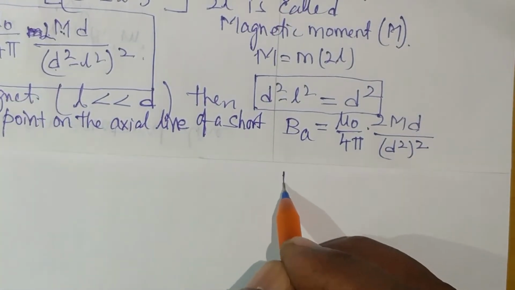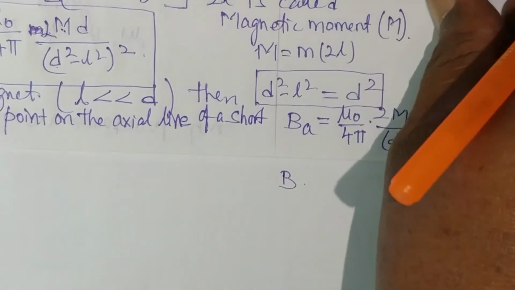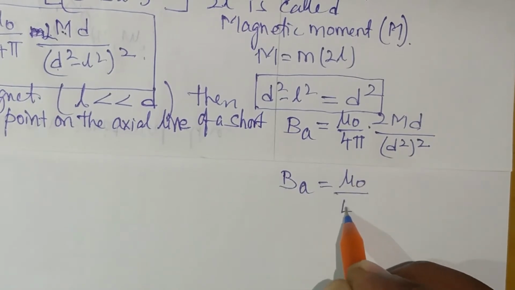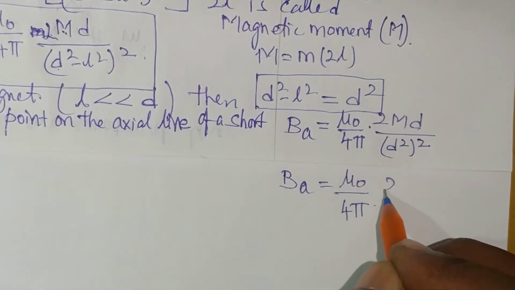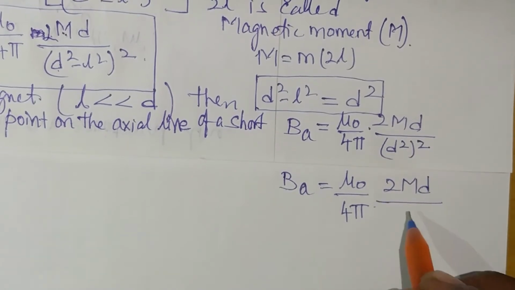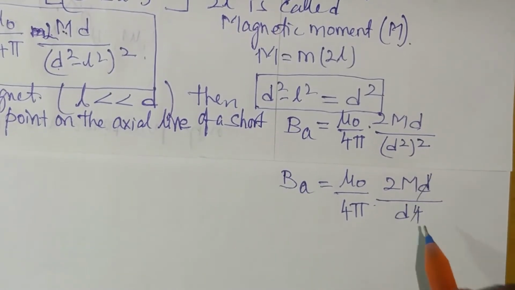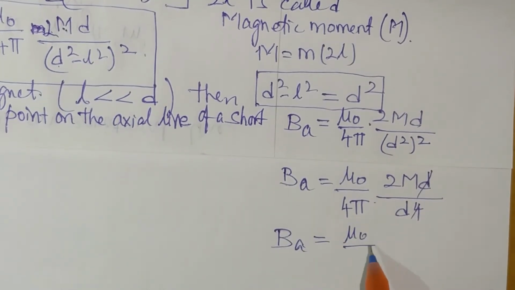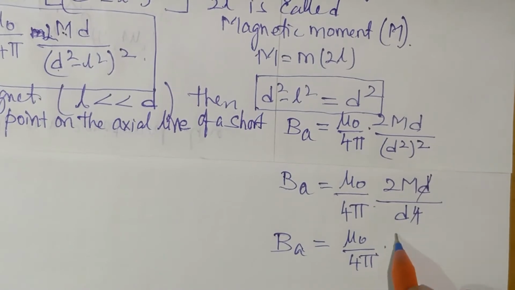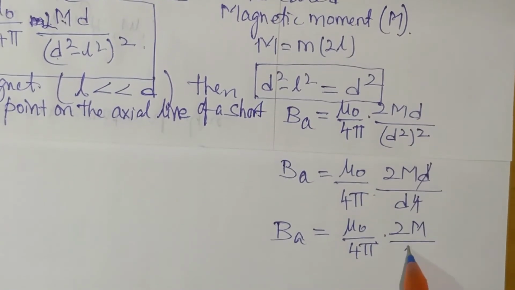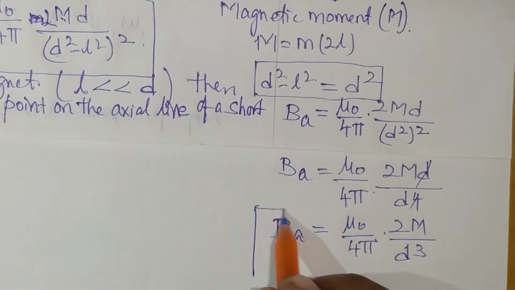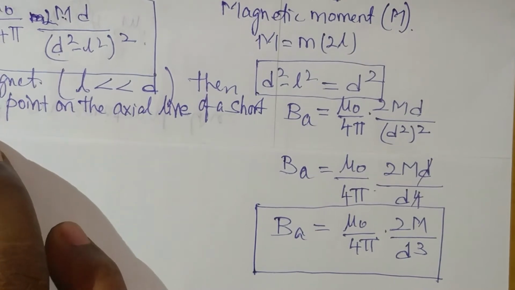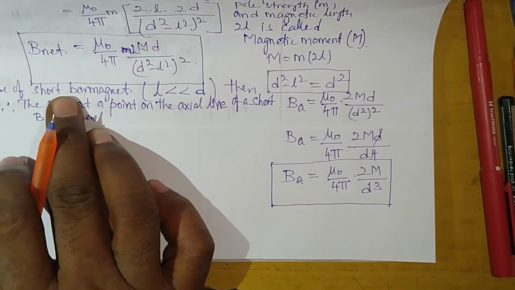So now the magnetic induction on the axial line can be written as B_A is equal to mu naught by 4 pi, 2Md by d power 4, where one d gets cancelled. Finally, the magnetic induction on the axial line due to a bar magnet at a point P is 2 times the magnetic moment by d cube. So this is the formula to calculate the magnetic induction at a point on the axial line.